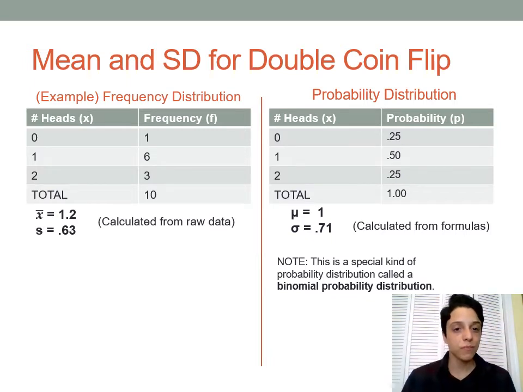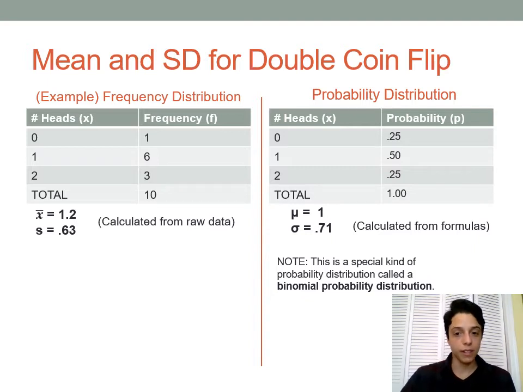And then of those 10 double coin flips, you also had 3 times where it came up heads and then heads for a value of 2 heads. So this is a frequency distribution based on 10 double flips of the coin, like what I just did.